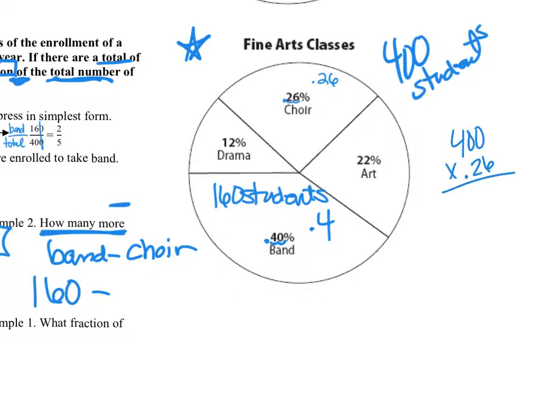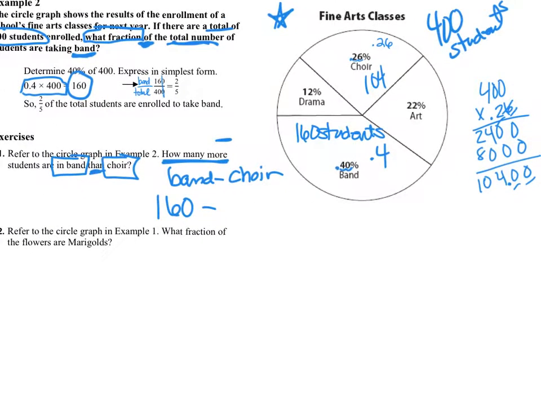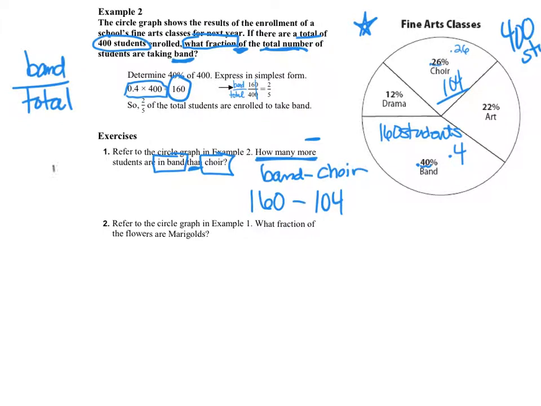Remember, if you multiply with a decimal, put whichever one has the most digits on top. So there are 104 kids in choir, and we're just subtracting that. 160 minus 104 is 56. So there are 56 more kids in band than in choir.